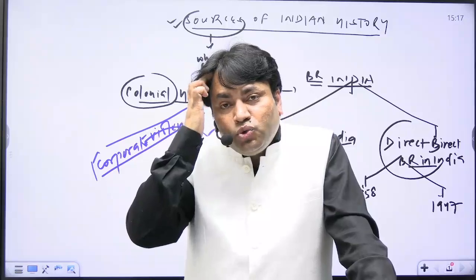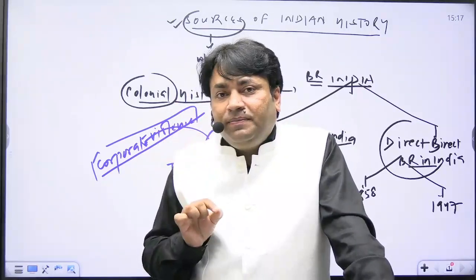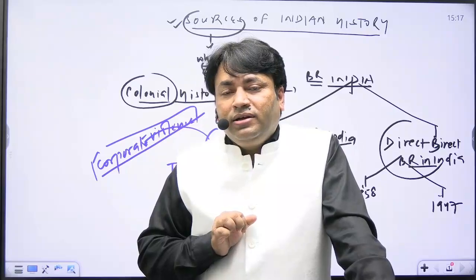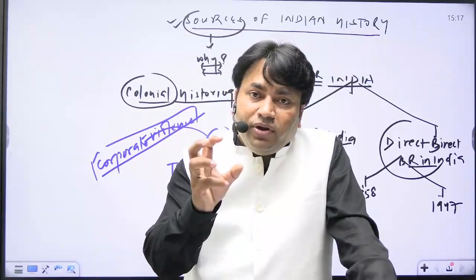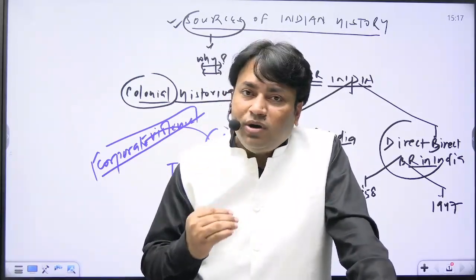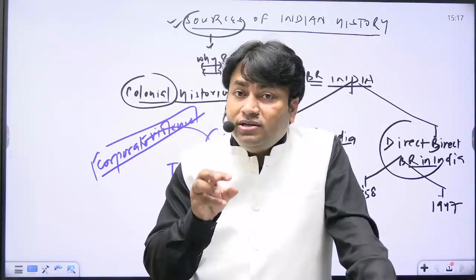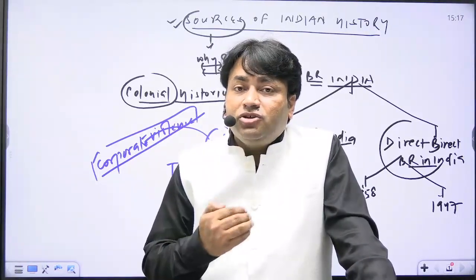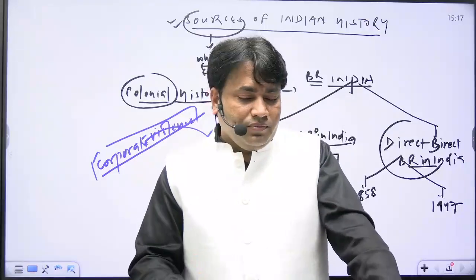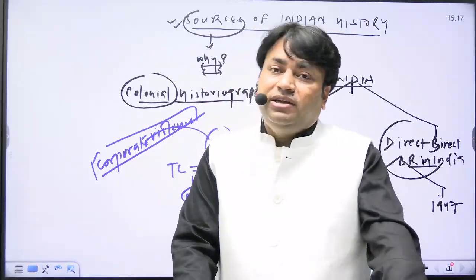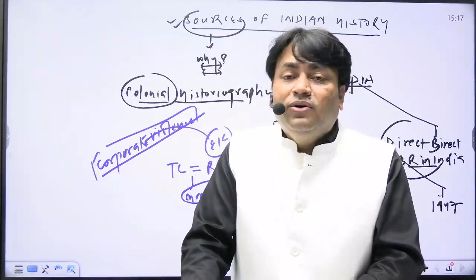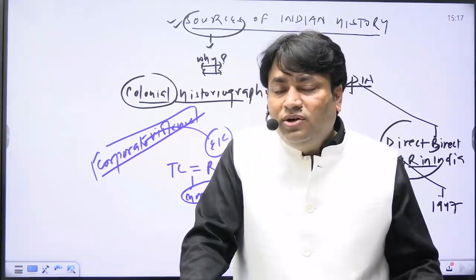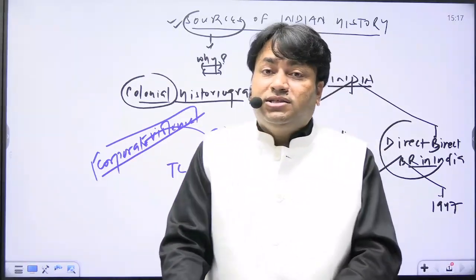So if they learn Sanskrit, these Jesuit missionaries can easily know about your history, and when they know about your history, they can understand the nature of society, the nature of economy, the law and order, everything from your literature. They can get some idea about this. So they were learning Sanskrit.